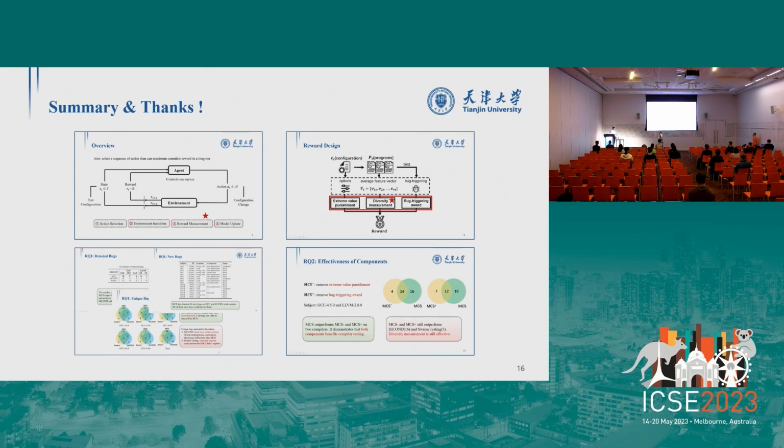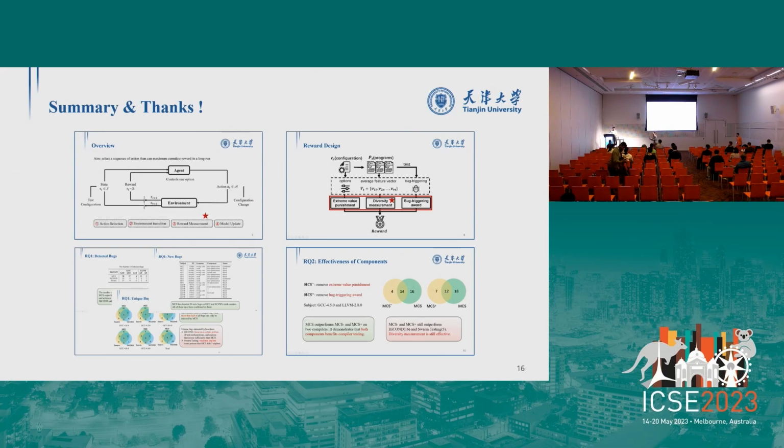No. Identifying duplicate bugs during the testing process may lead to a large time cost, so we don't deduplicate the bugs in the bug triggering award. So if MCS generates a program that triggers the same bug multiple times, it will be calculated twice. Okay, I see.